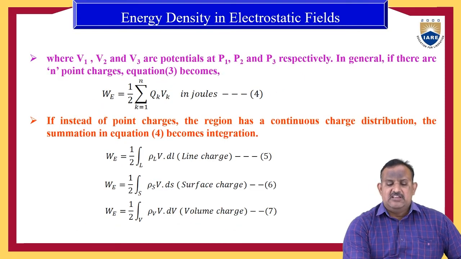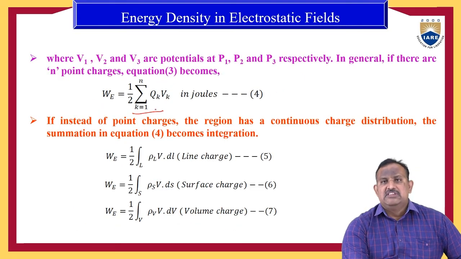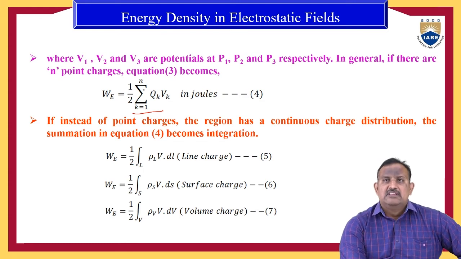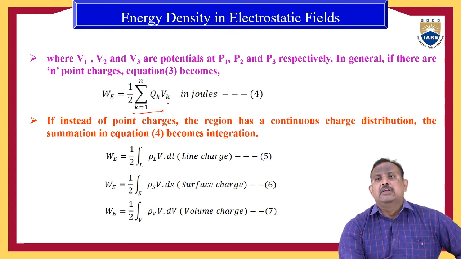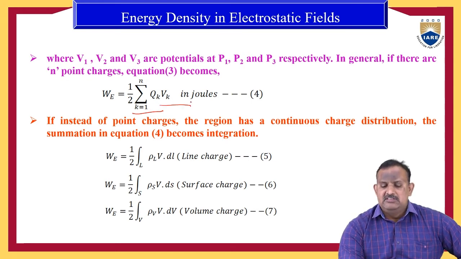It can be expressed as W is equal to half into the summation of K equals 1 to N of QK into VK. Let us assume there are 10 charges.